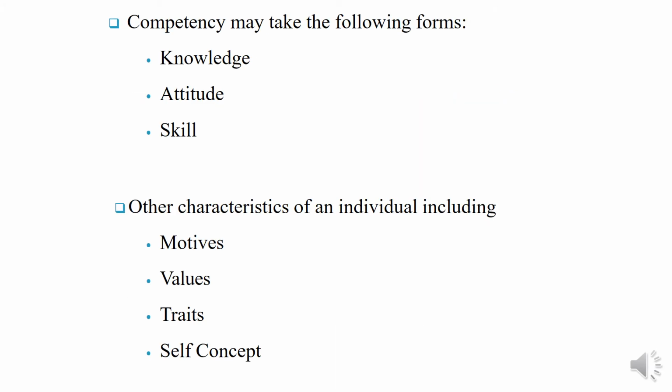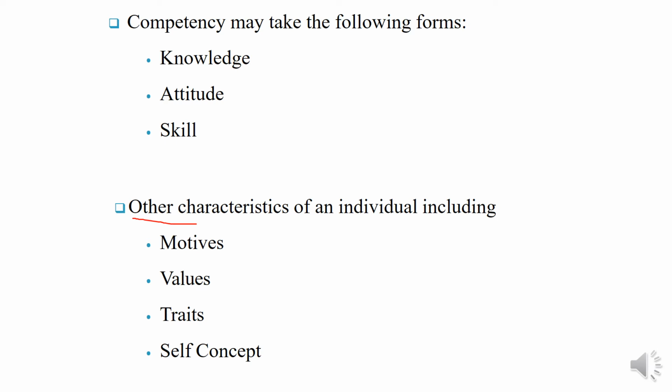So KSA and then something called O. KSA is knowledge, skills, attitude, and other characteristics. What are they? They are motives, that is, intentions, the values, the principles, the traits, the habits, and the self-concepts, about your principles, about your faith, about what you believe in.